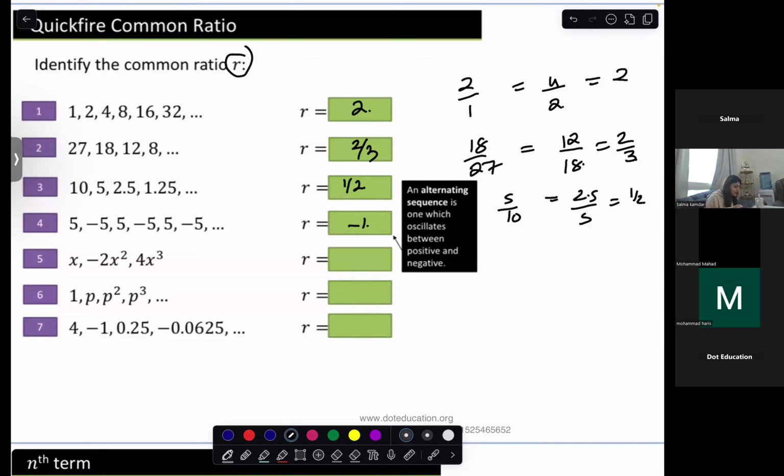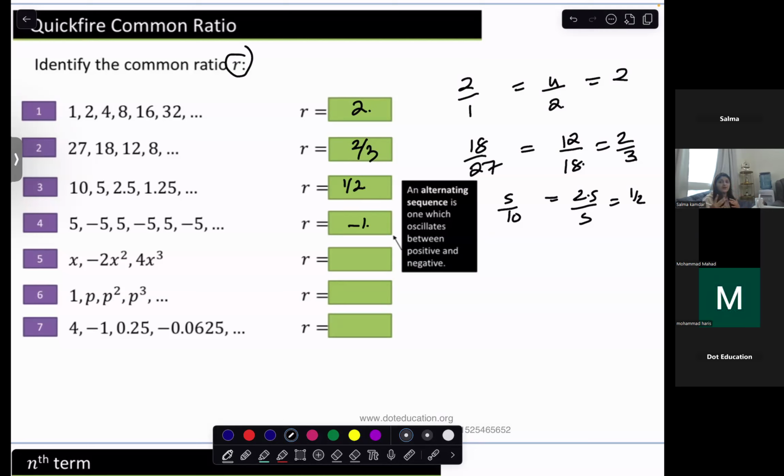Is there anything you notice about this fourth sequence? The signs are alternating. Is it a sequence or a series? A sequence. So what is it that you notice? It's an alternating sequence.